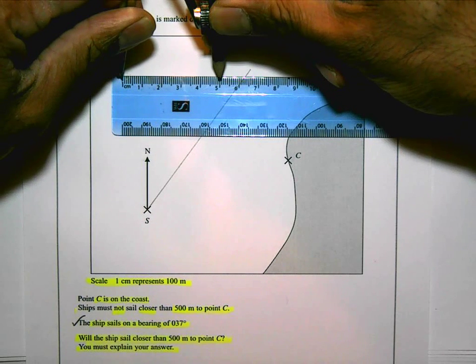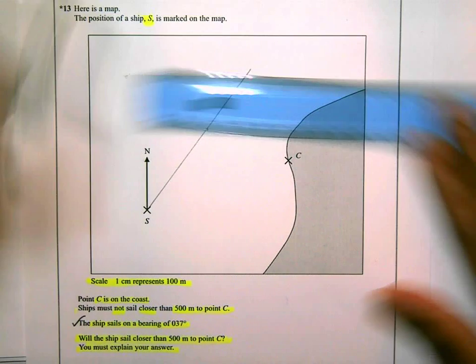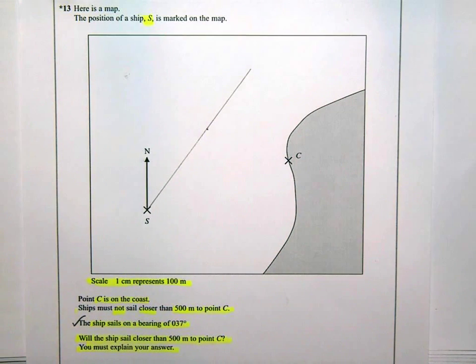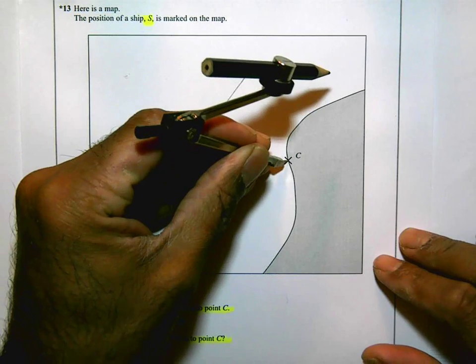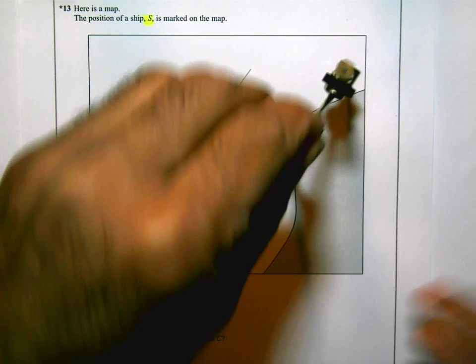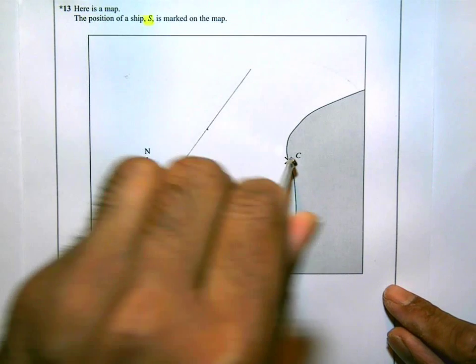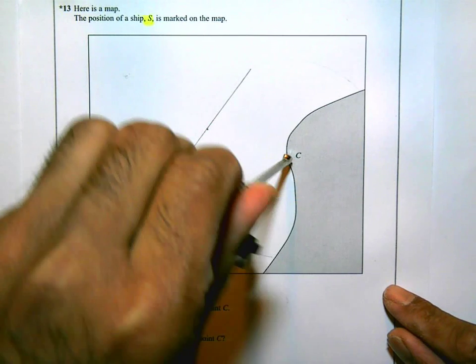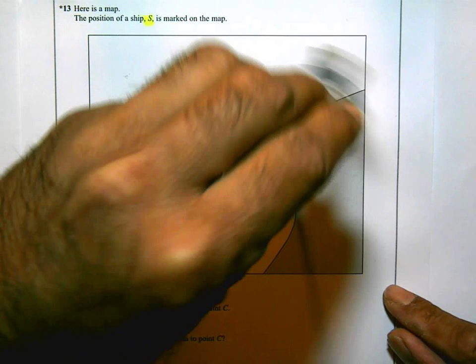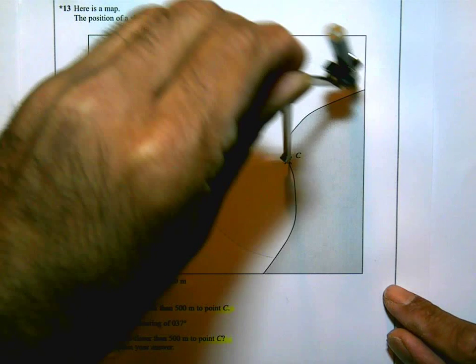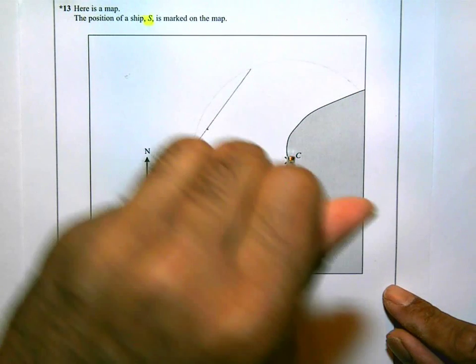What that tells me is if I draw an arc or a circle or even part of a circle from C, all the points that the circle shows are 500 meters from C.